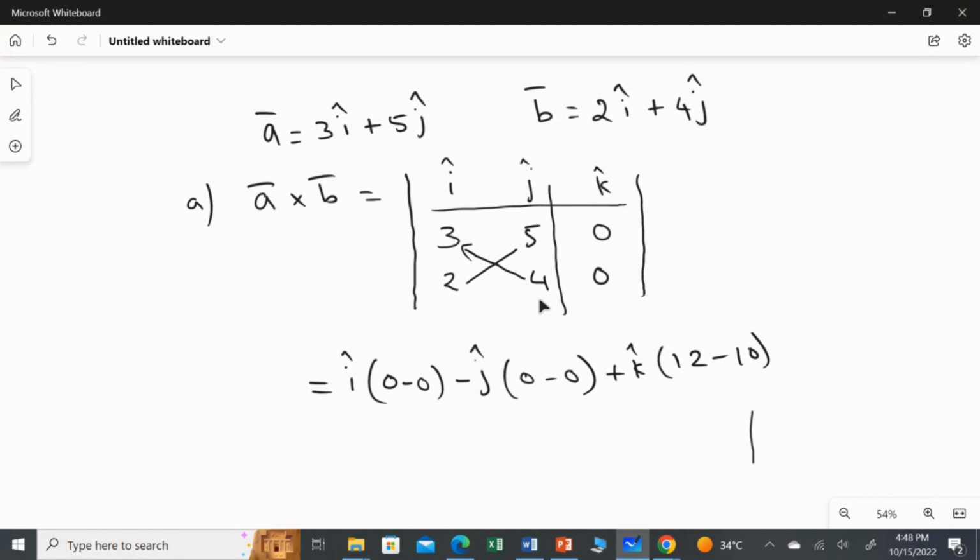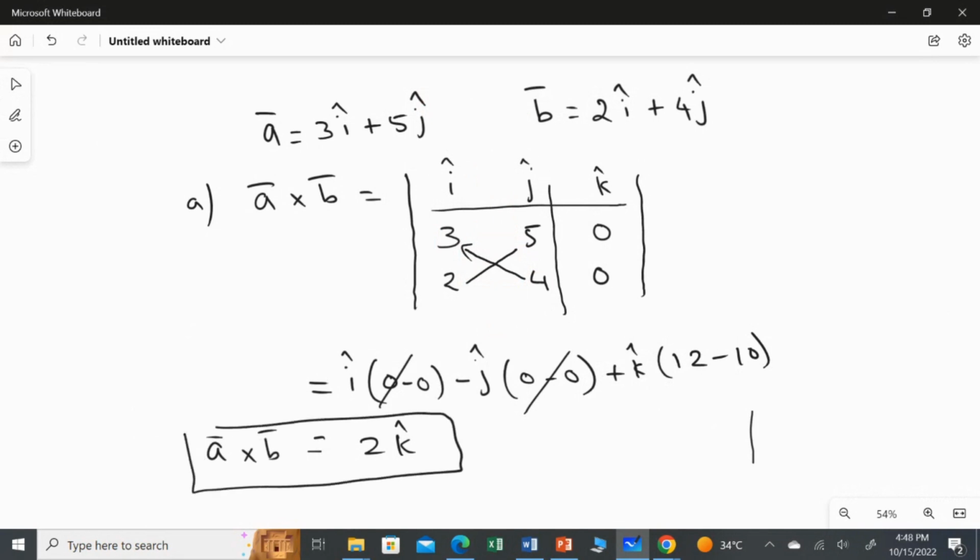This will be 0, this will be 0, no use. So 12 minus 10 gives you 2 k cap. So what's the answer for the first question? A cross B gives the value of 2 k cap. Clear?